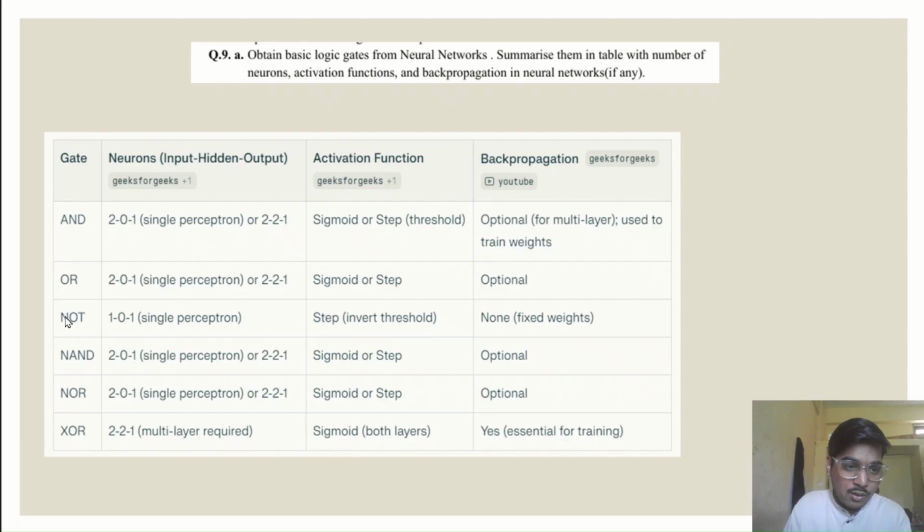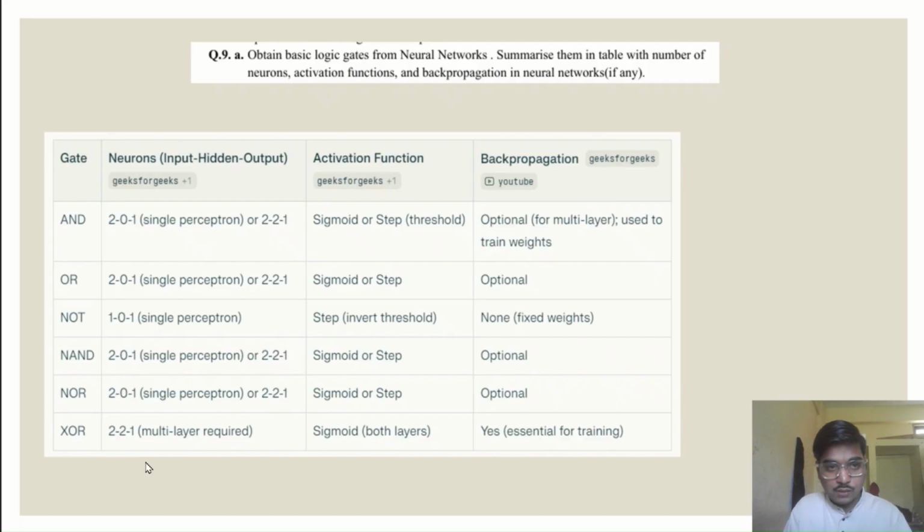The NAND gate is created using a neuron with two inputs and a single output, that is called a single perceptron, or two input layer, two hidden layer, and single output layer. The activation function for the NAND gate is a sigmoid or a step, and the backpropagation for the NAND gate is optional.